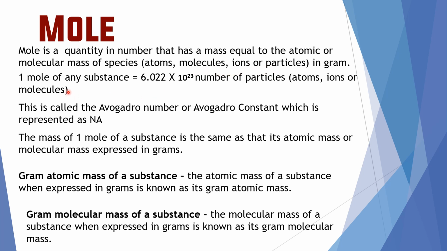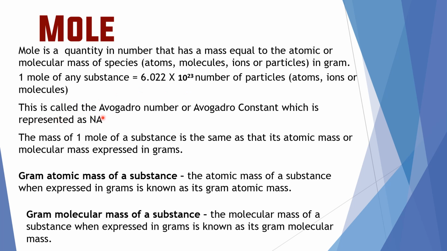And 1 mole of any substance, 1 mole means how much number? 6.022 into 10 power 23 number of particles. Those particles may be atoms, ions, or molecules, any particles. But that number is this much, 6.022 into 10 power 23.